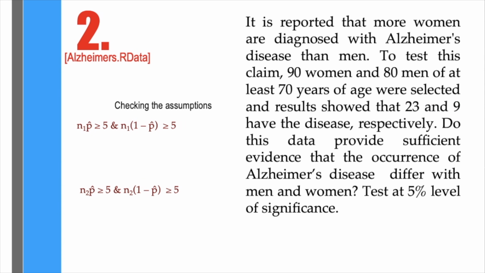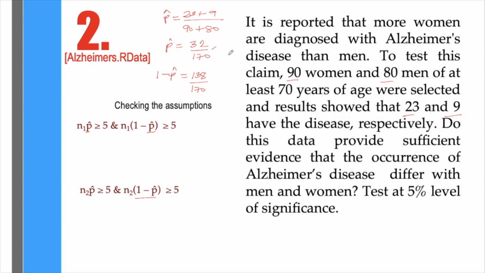Now, checking for the assumptions, we have to compute first the p hat, which is the overall probability of success, which in this case, since there is a total of 170 patients coming from 90 and 80 women and men respectively, and a total of 32 patients having Alzheimer's disease, then the overall probability here is 32 over 170. And further, we may compute 1 minus p hat, which is 138 over 170, which is basically 1 minus 32 over 170.